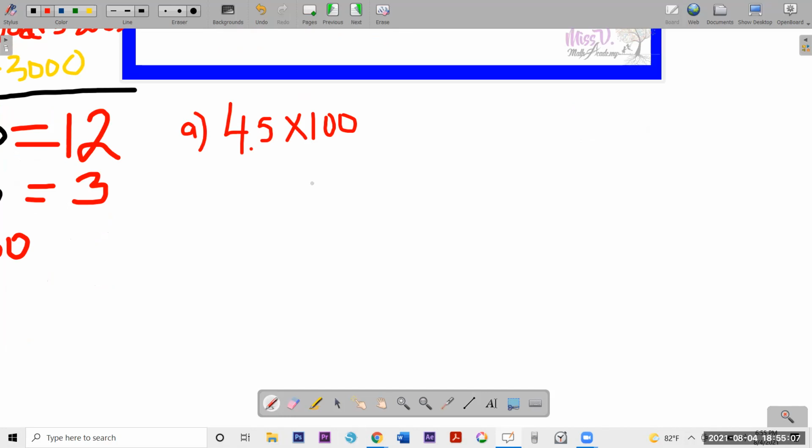So everybody try A for me, please. Keeping in mind what happens whenever you have a blank space when you're jumping. So try this one for me.